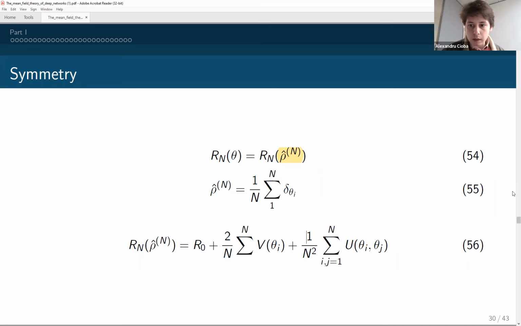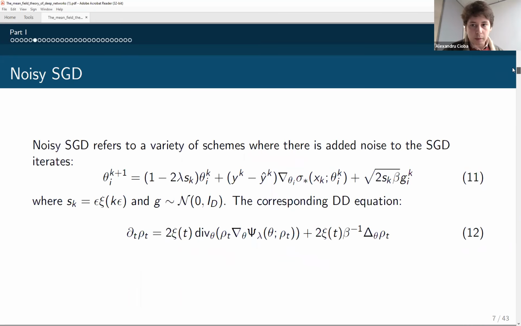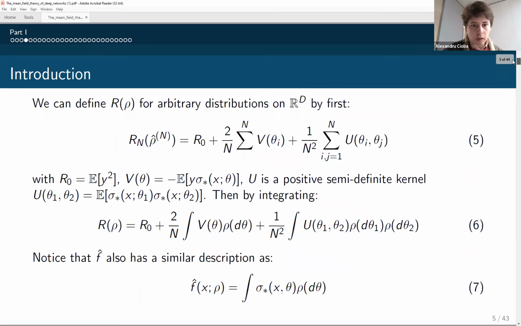Maybe I can quickly go back to the slides from the previous time, and we can show what the expression for this is. So R0 is just the expected value of the dependent variable. V is the expectation of this activation function with respect to the data, and U is the expectation of the product of the activation functions with respect to the data.